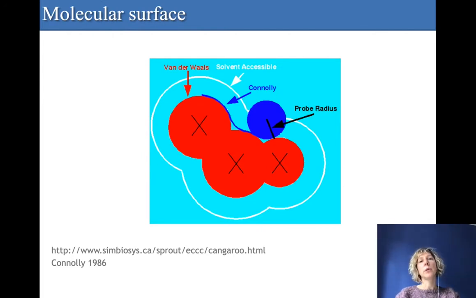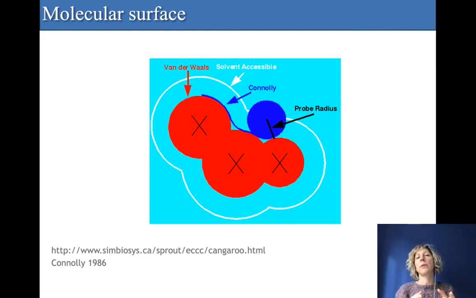Okay, so the most obvious way to account for these recognition mechanisms is to try to find the complementarity, whether the surfaces of the proteins are complementary. So we need to have a description of the molecular surface. So how can this be computed? Well, the idea is that you can take a probe, which is just a ball, a pseudoatom if you wish, and you roll it over the protein. So here the red spheres correspond to the volumes that every protein atom takes.